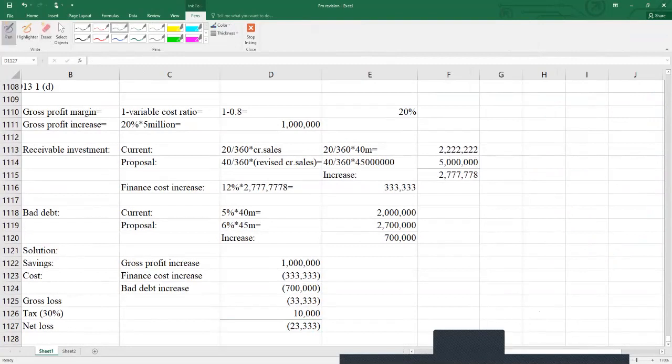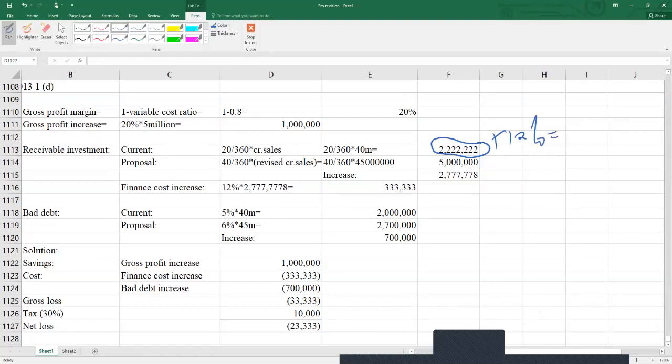Now, if you compare that the company current investment in the customer is 2,202,000, which means someone must give you this 2 million, and they charge 12%.